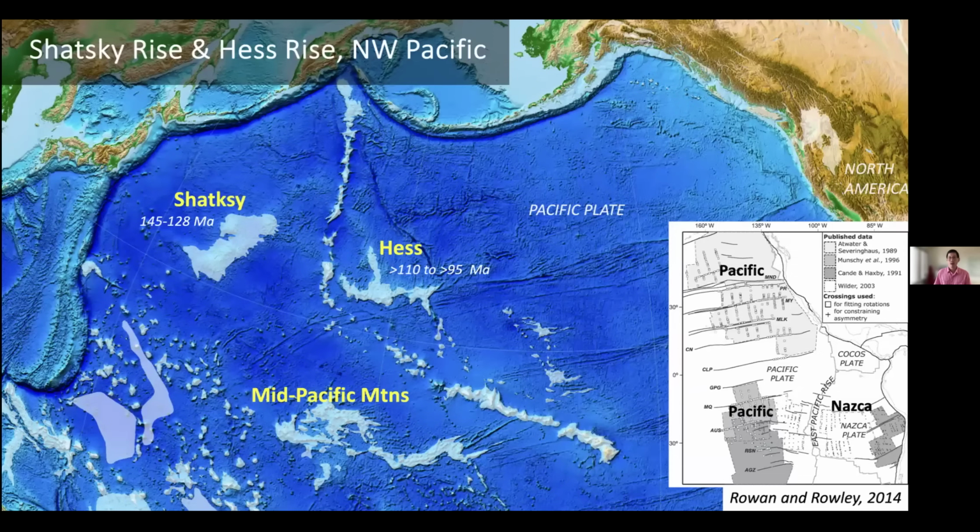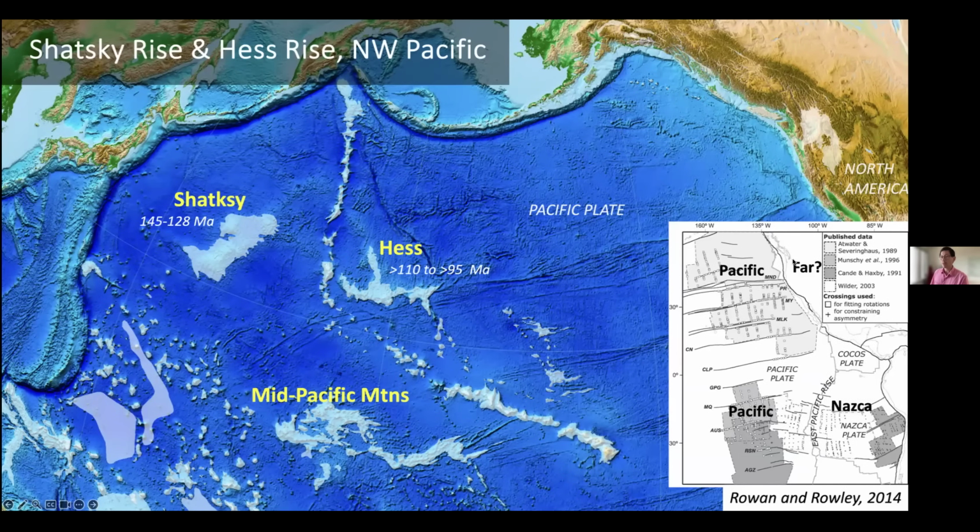And so I want to look at the Central Pacific and relook at the Shatsky and Hess rises, because some recent work has been done in these areas. Just in the slide before, we looked at this Pacific-Nazca system where we can see both sides across the spreading ridge. Now, up here, as we look into the Central Pacific, the other side, the Farallon side, has been subducted.